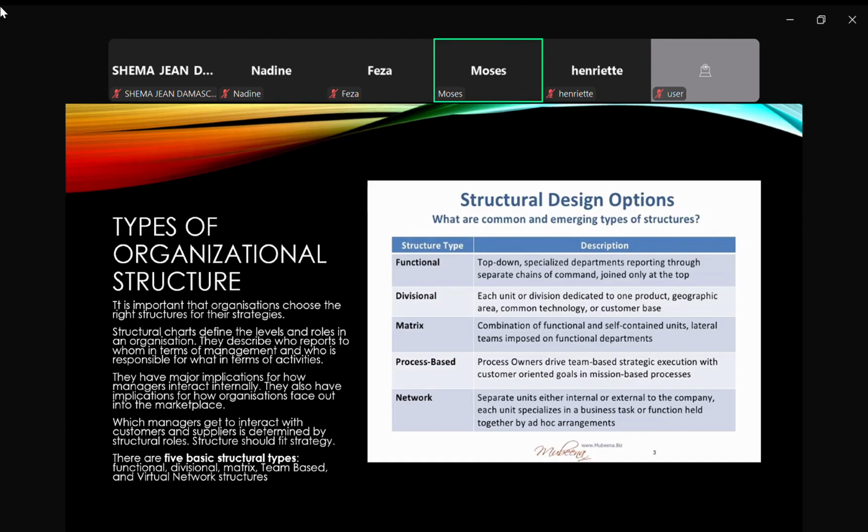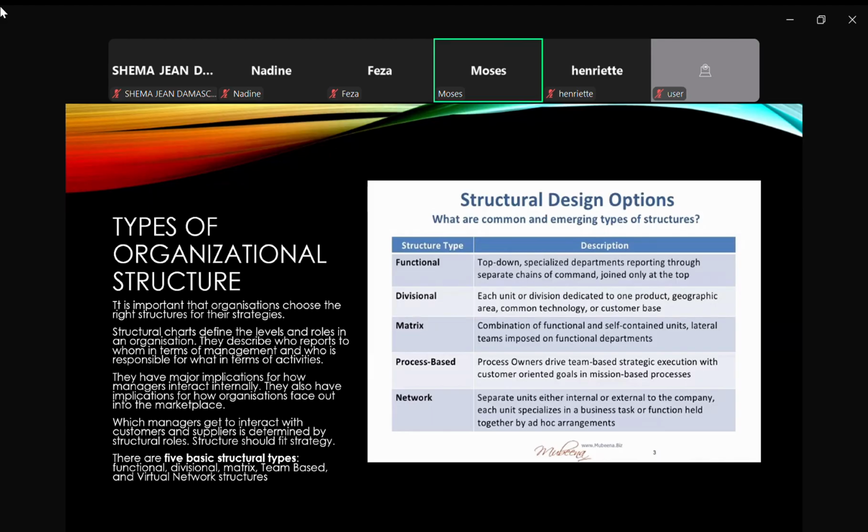In other words, what is the structure of an organization? What is the structure of the company? And there are 5 types of structures.